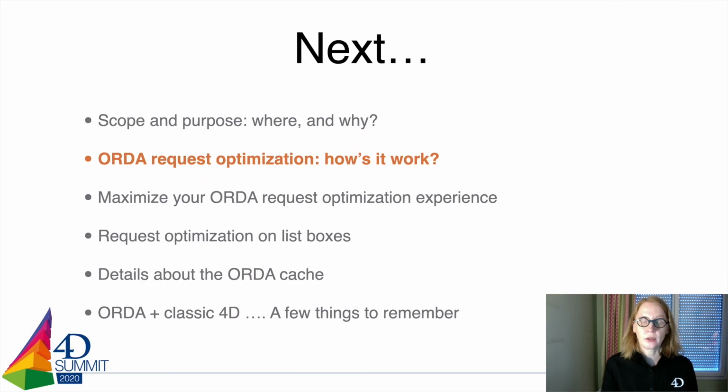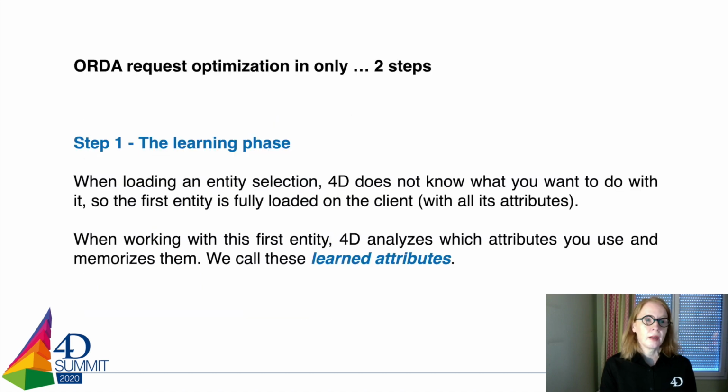The next section is about how it works. This optimization relies on two steps. The first step is the learning phase. When you need an entity selection, 4D doesn't know what you will do with it. So 4D loads the first entity with all its attributes and analyzes which attributes you need.